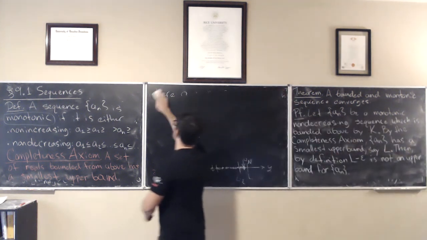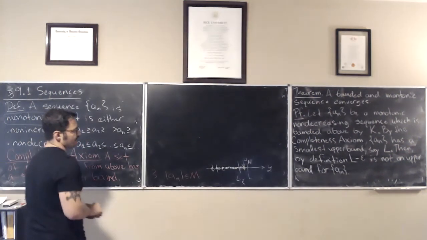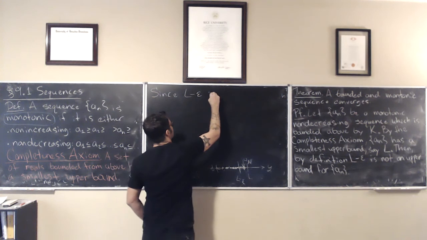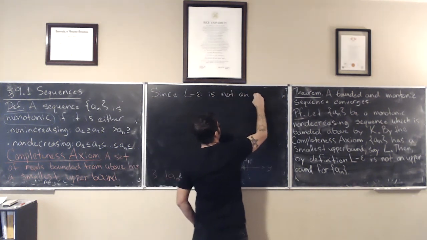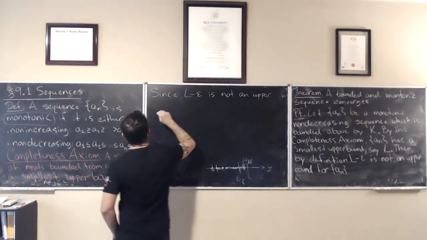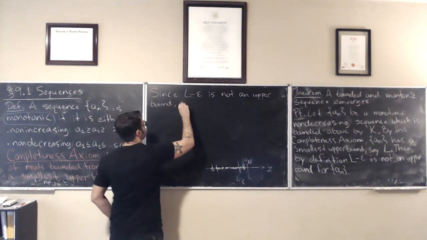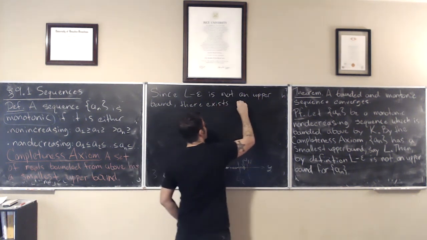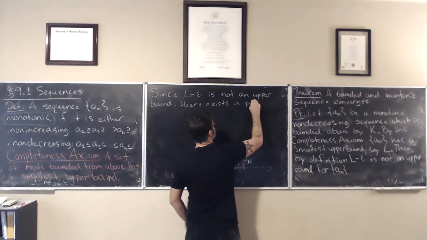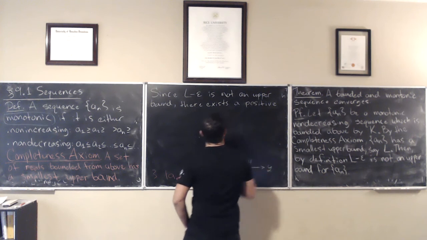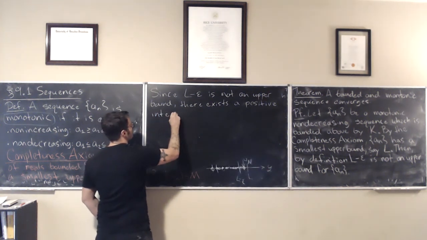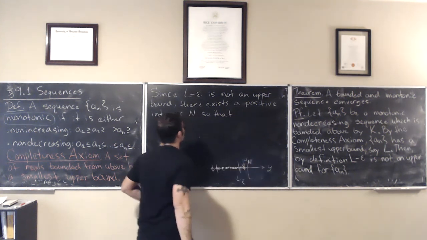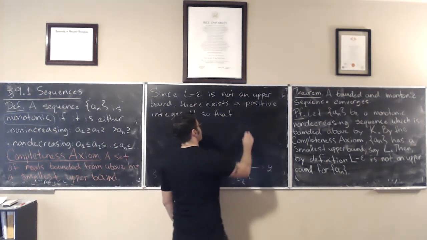So since L minus epsilon is not an upper bound, there exists a positive integer, call it capital N, so that the term from the sequence with that index is greater than L minus epsilon.